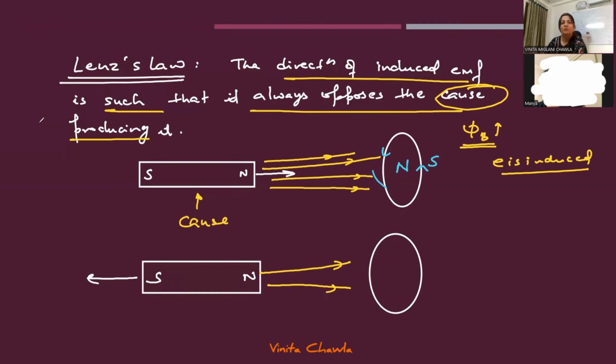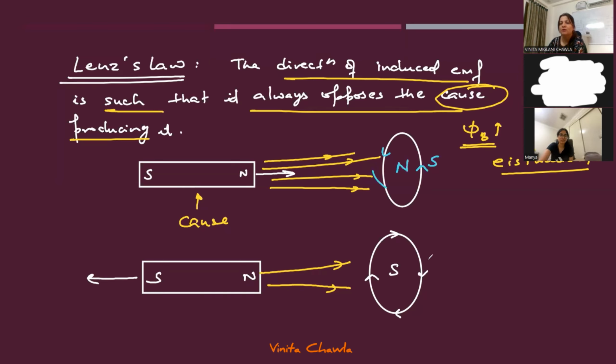Again, the current will be induced, but this time like this, in the clockwise direction, to oppose the change. So we get the south pole here and the north pole here. Again, it is opposing the change and it is going to attract it towards it.